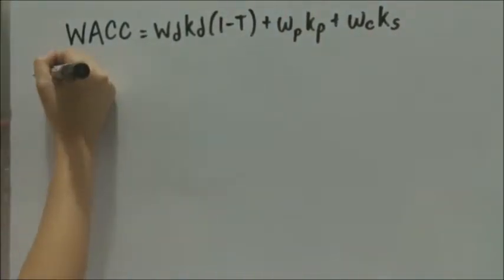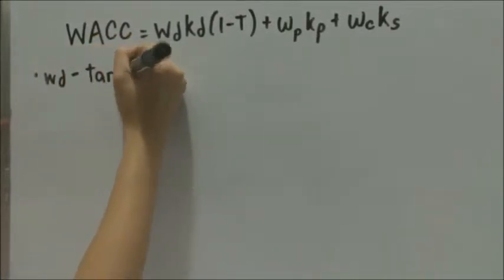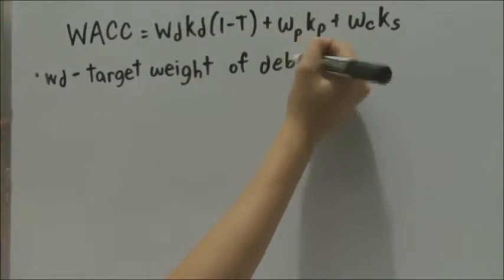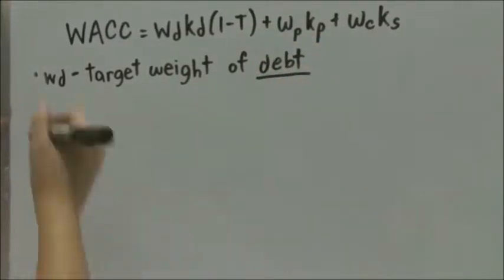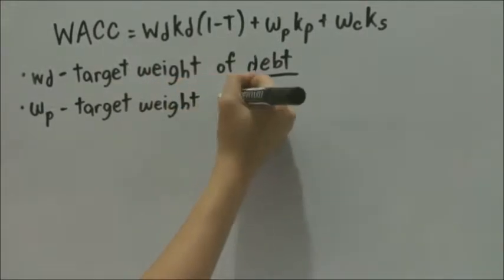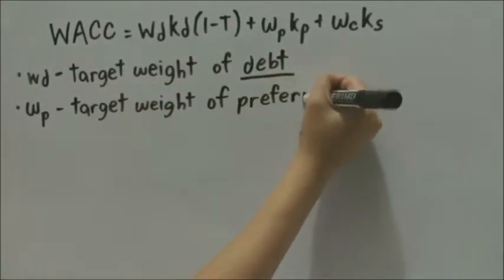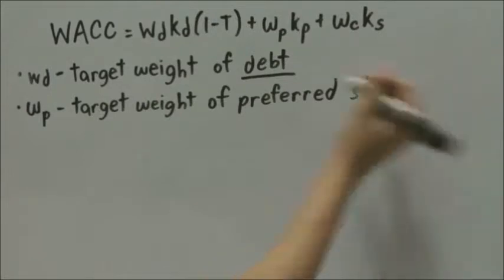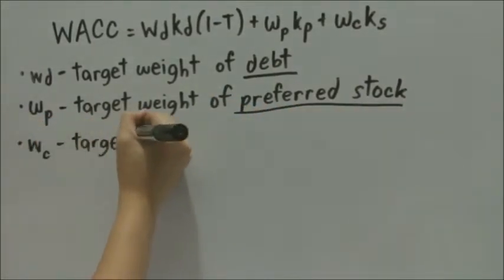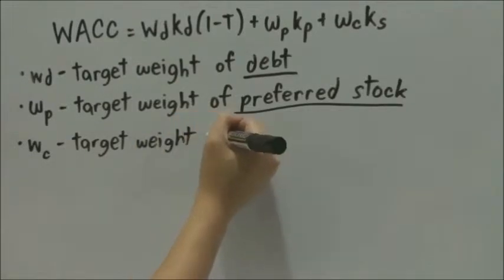As we can see in this formula, the WD is the target weight of debt, the WP is the target weight of preferred stock, and the WC is the target weight of cost of capital.